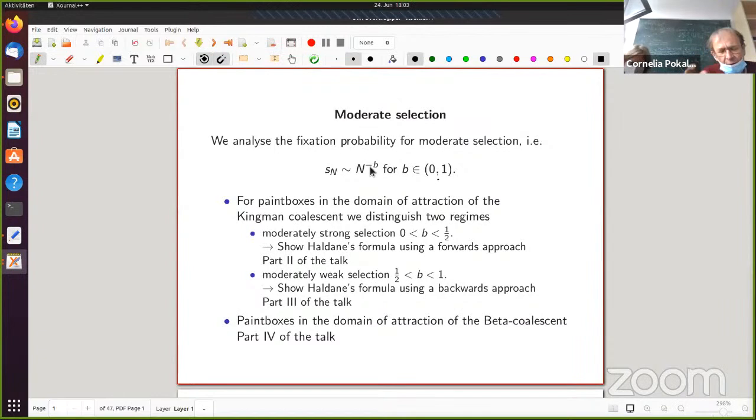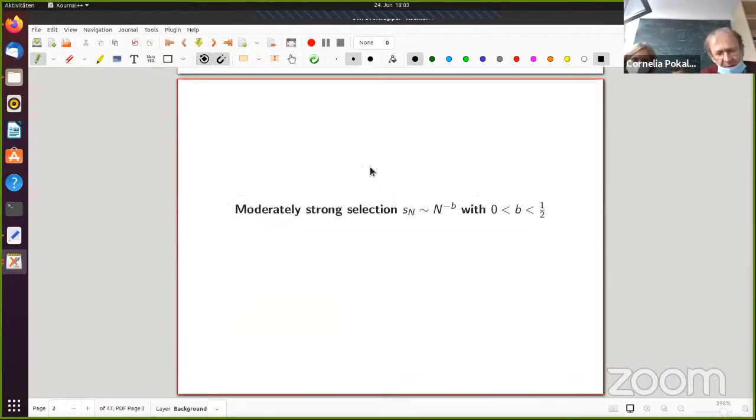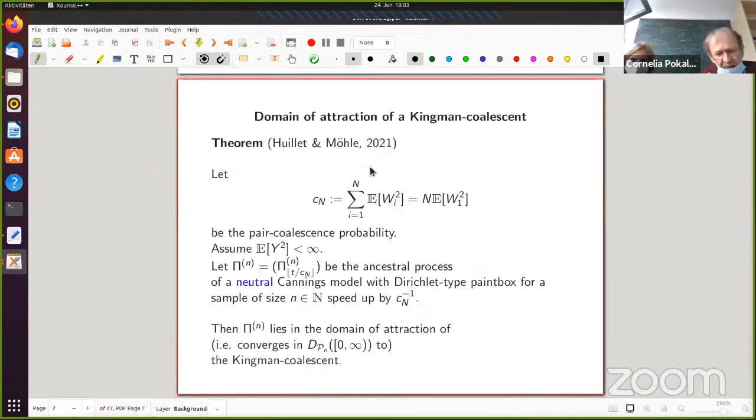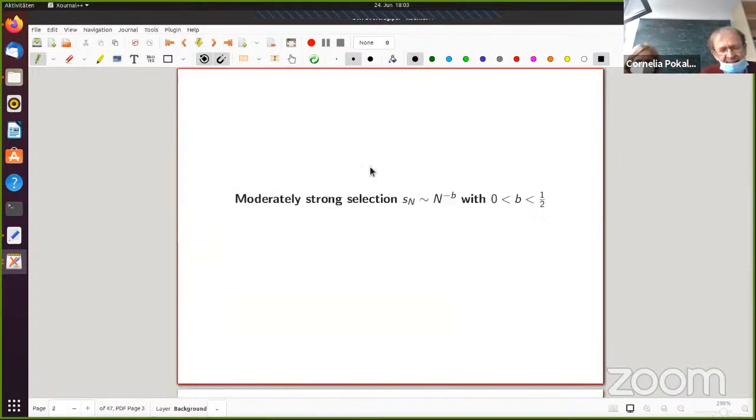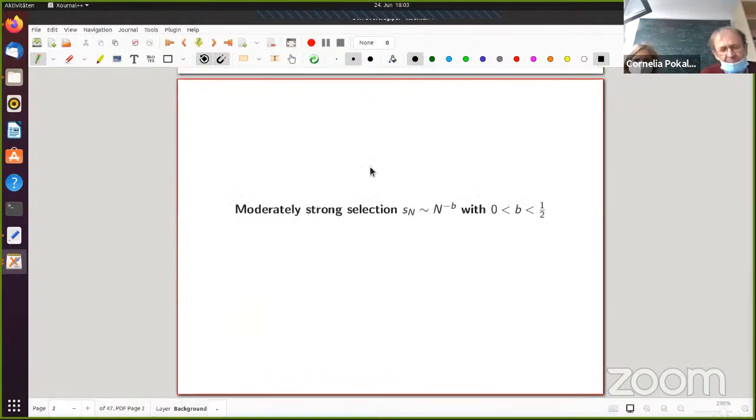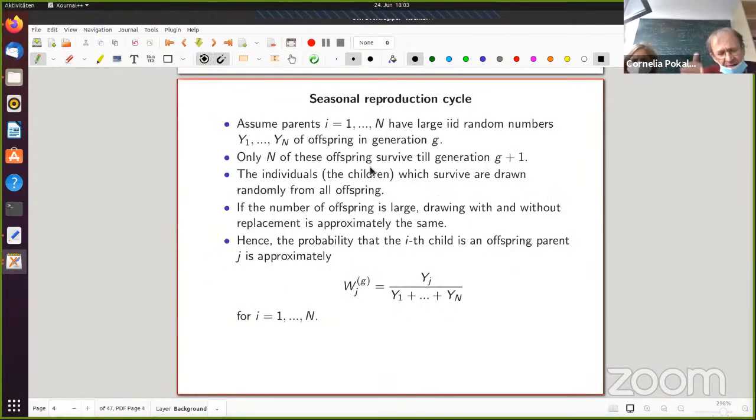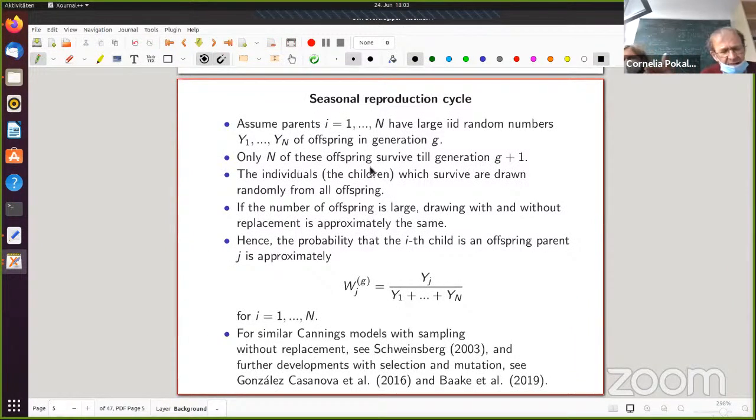And if you look at what the Haldane prediction would be, then we have to look at this n squared times the expectation of the square of this W1. And if you look, this becomes so large, right? It's growing, right?